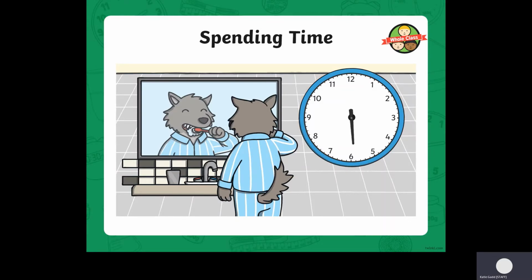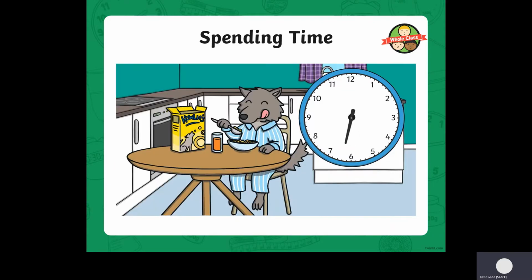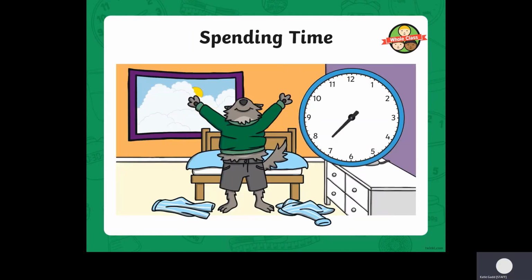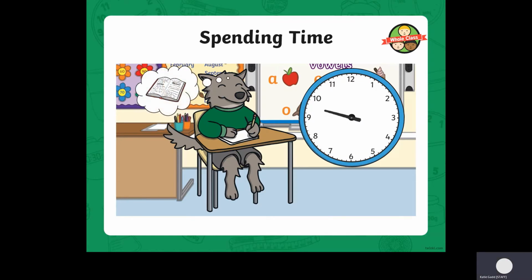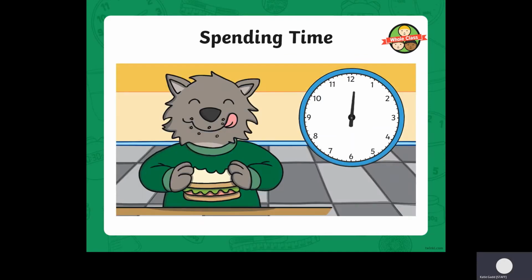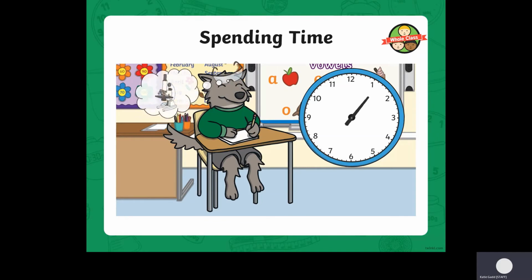And then you might start to be getting up, having breakfast, 6 o'clock, 7 o'clock, getting dressed, ready to go to school, between 8 o'clock and 9 o'clock, leaving the house. And then you're at school, having a lovely time. 9 o'clock, 10 o'clock, English, maths, maybe some inquiry. 12 o'clock lunchtime, moving into playtime, and then your afternoon lessons.